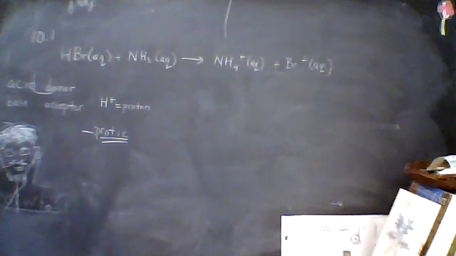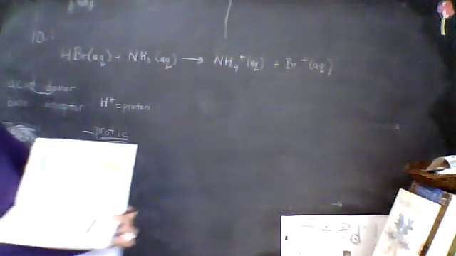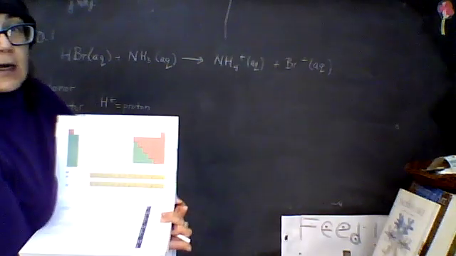Okay, so we're going to look at our elements, and we see that these are all covalent compounds, right? And if you look at the periodic table, none of them is a metal.